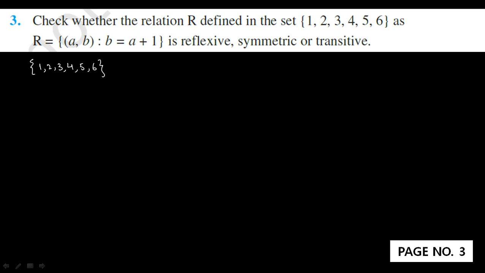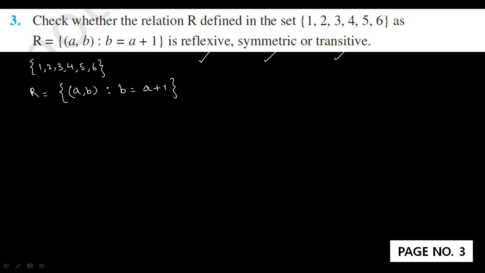You have to consider these elements for relation, and the relation is A comma B, then B is equal to A plus 1. We have to check for reflexive, symmetric and transitive.